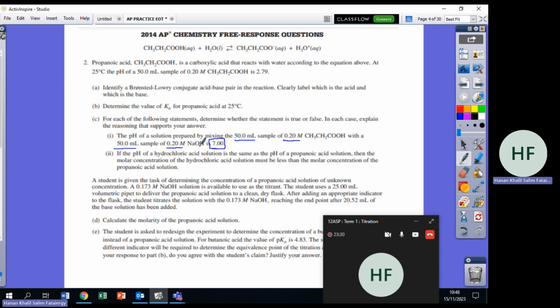Now remember, if I mix acid and base, the pH will be 7 at equivalence only if both of them are strong. So if I'm titrating strong acid with strong base, this is true. But if I have a weak acid with a strong base, this is false. The pH will be more than 7. Why? Because the base is strong and the acid is weak.